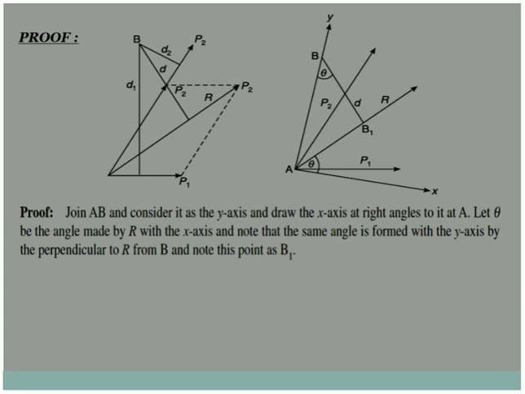Join AB and consider it as the y-axis, and draw the x-axis at right angle to it at A. From point A, I have joined AB, and I am considering this AB, meaning our point O, as point A. You can say OB also, not an issue. This AB itself I am taking as the y-axis, so your x-axis will be perpendicular to it.